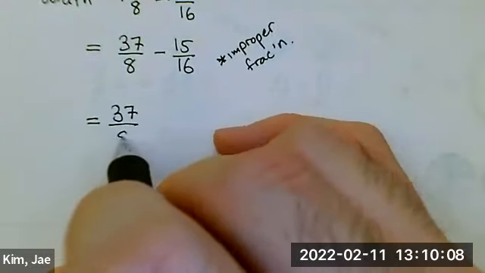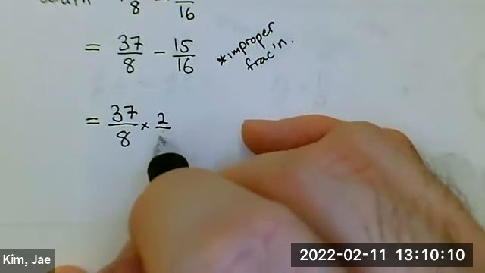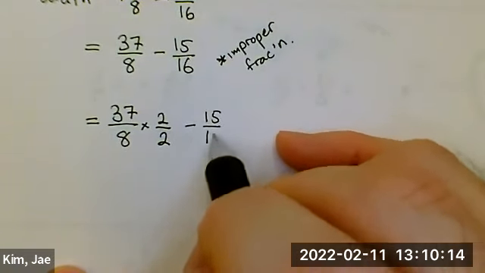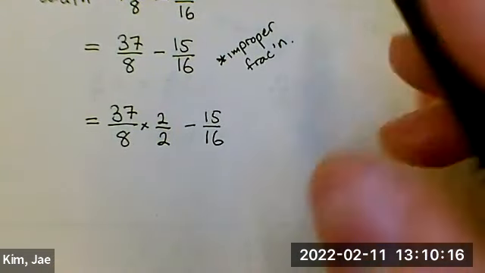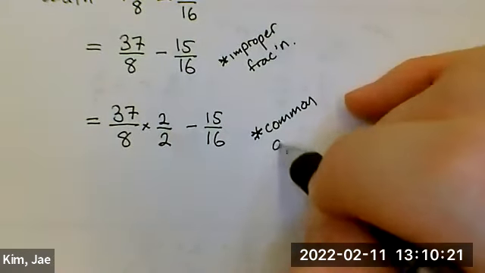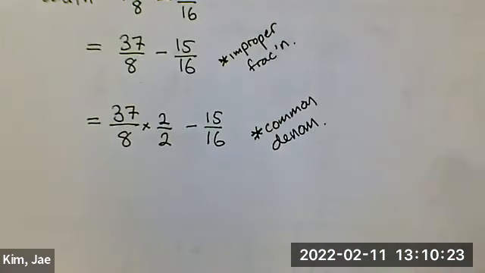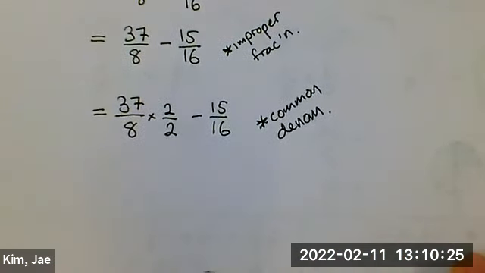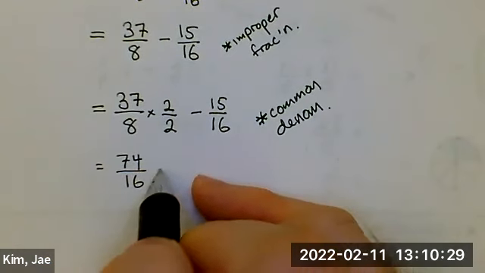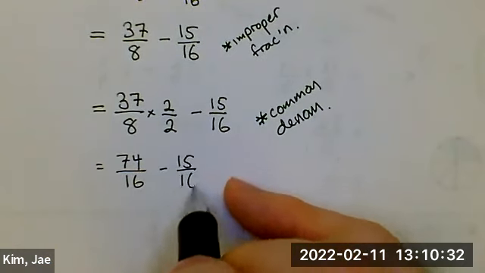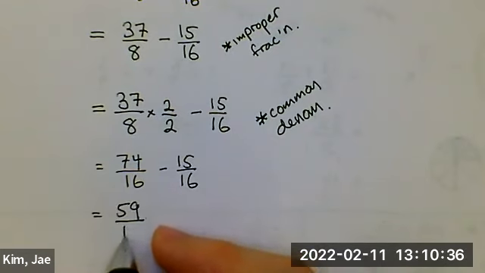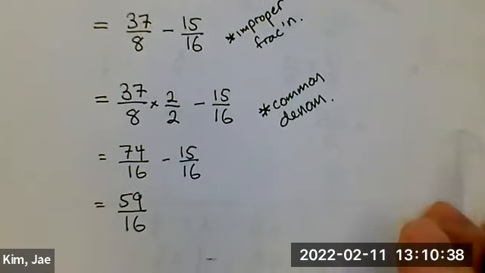So 37 over 8 is multiplied by 2 over 2, and this becomes 74 over 16 minus 15 over 16. That's 59 over 16.